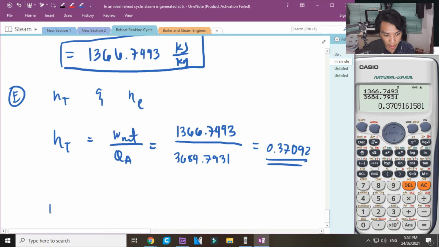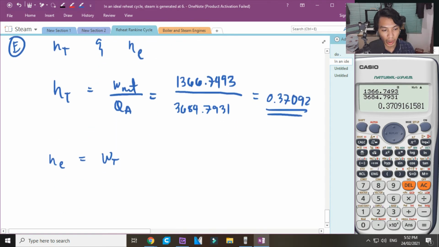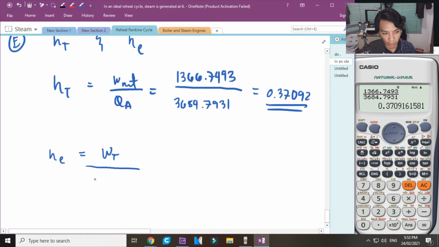So, this is NE, work ng turbine, okay, divided by H1 minus H2 plus H3 minus H5.